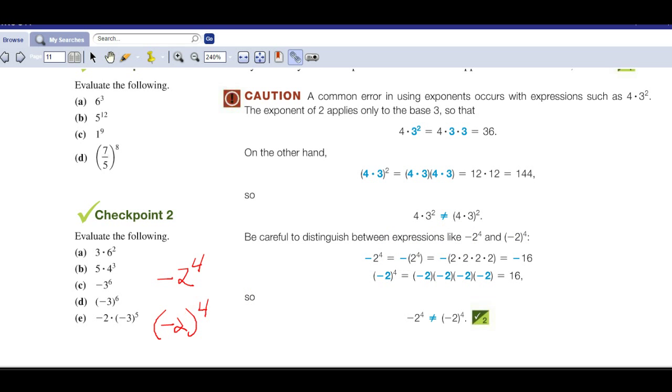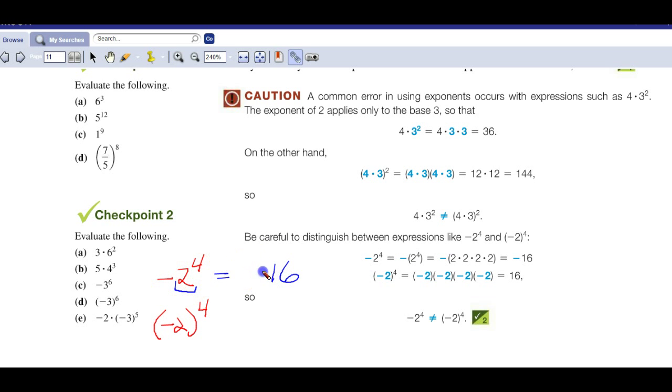Here, the base of this one is just what is immediate to the left of the exponent. The negative sign is not included in that exponential notation. So 2 to the 4th is 16.